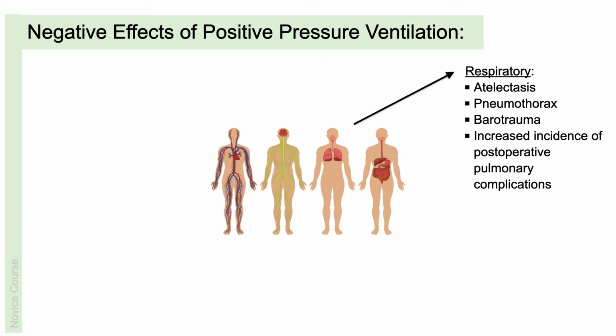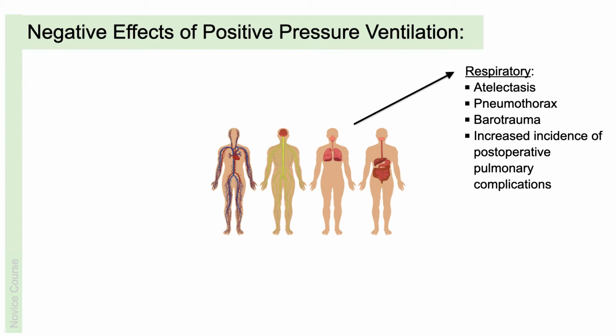This is due to the way that the gas is distributed amongst the lung, as opposed to when the patient is creating that natural negative pressure inside the thorax. Positive pressure ventilation also leaves patients vulnerable to barotrauma and volutrauma, which can cause pneumothoraces.